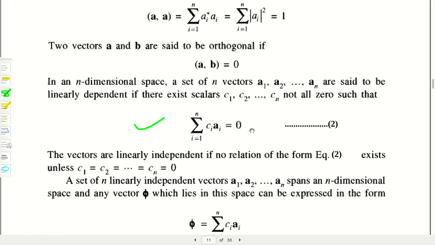If such an equation exists, then you should call a1 to an vectors linearly dependent.